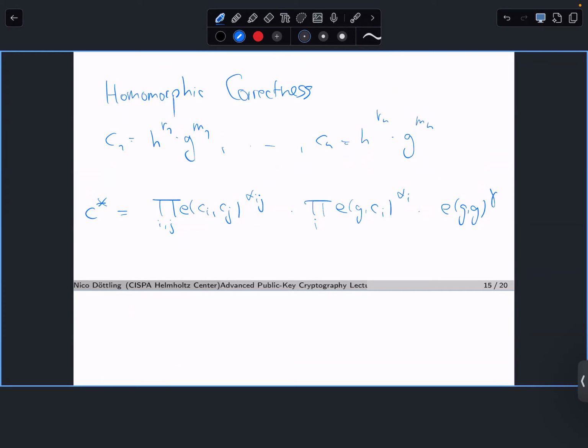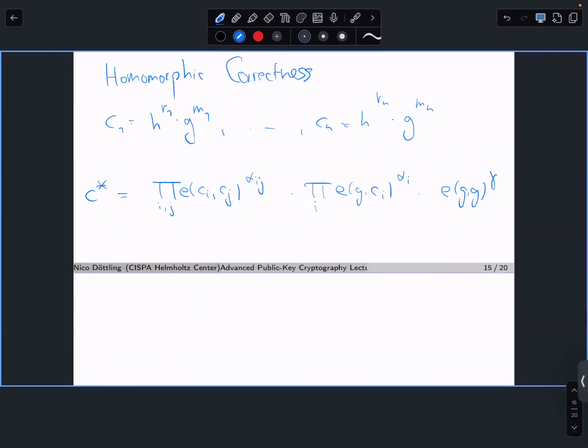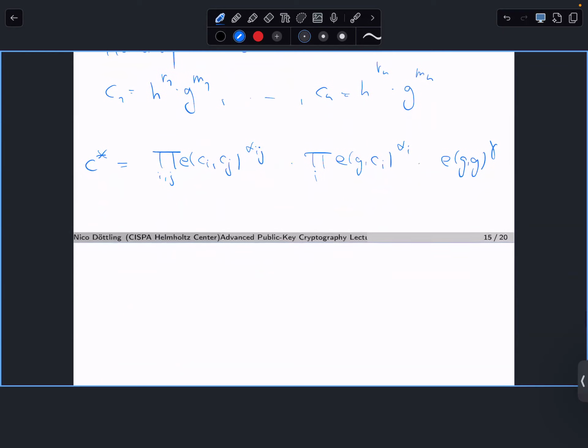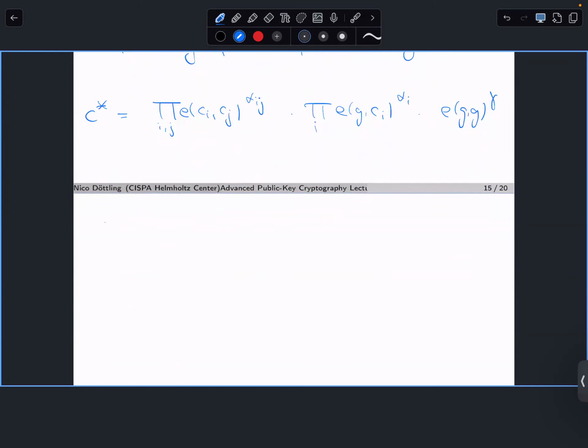Obviously the message will reside with respect to this generator E(g, g). So let's write out all of these Ci's very slowly, step by step. Ci is just H to the Ri times G to the Mi, comma, Cj is H to the Rj times G to the Mj, to the alpha ij.